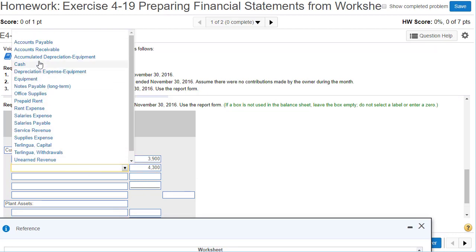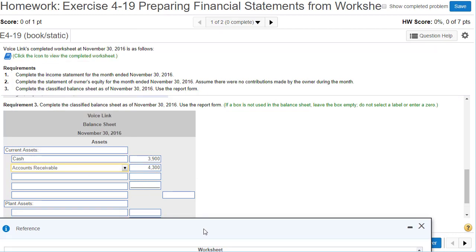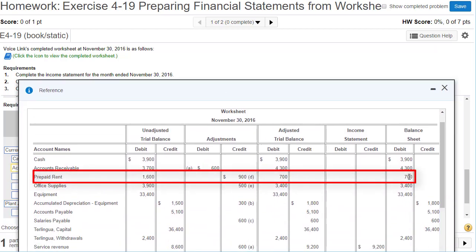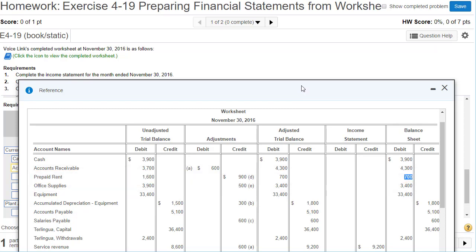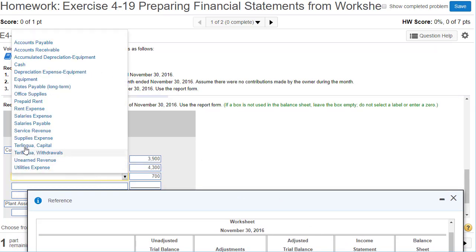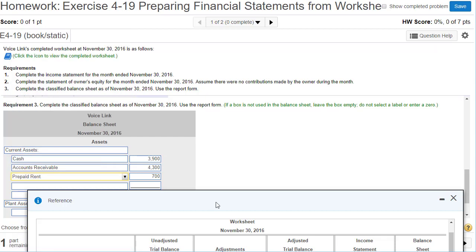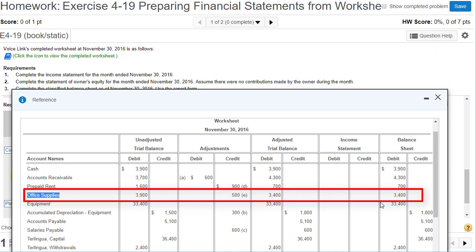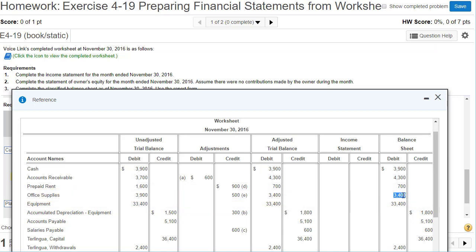And then we've got prepaid rent of 700. And then we've got office supplies, $3,400.